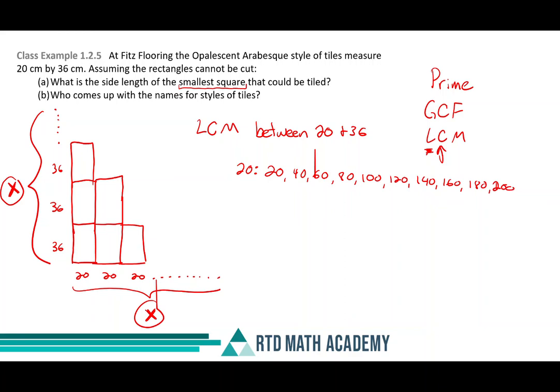Now 36 is a tiny little bit more difficult, but not that bad. If I double 36, I get to 72. If I triple 36, I get to 108. And I can add 36 or multiply it by any number. Ooh, sweet. I can stop right here because I actually got to 180 already. So I know that the lowest common multiple between 20 and 36 happens to equal 180.